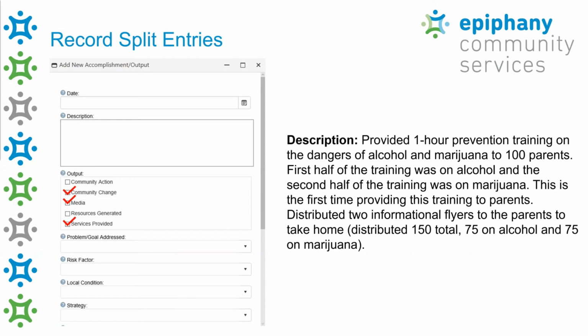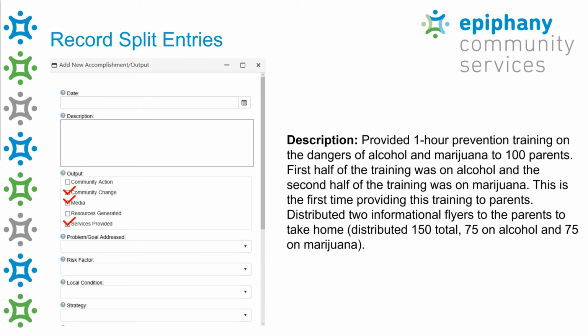This is the first time providing this training to parents. We distributed 2 informational flyers to the parents to take home, with 150 total, with 75 being on alcohol and 75 being on marijuana. That is what I would go with for my description, and I can tell you guys right now that would be a great description to have for scoring and review purposes. I would be completely okay with it.